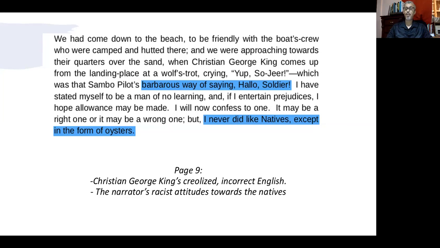This is another way of objectifying, dehumanizing, turning the natives into animals, the Sambos, even though these people were at their services. And we could notice here that Christian George King is actually representative of the native other.